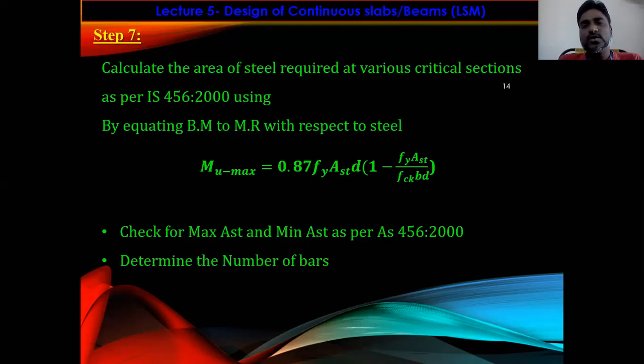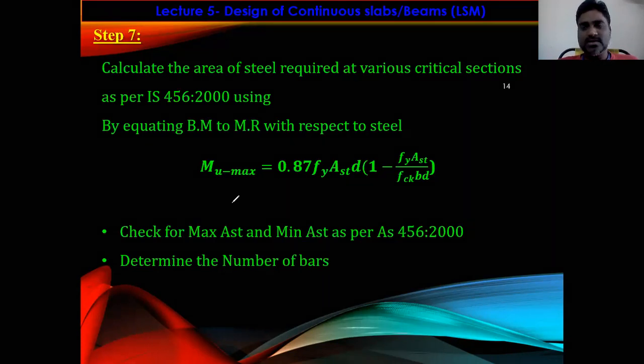If it is a two-way slab, you need to determine the main reinforcement in two directions, longer span direction as well as shorter span direction, right? That you should remember. That can be determined by the corresponding moments, because we have calculated the span moment separately and the support moment separately.